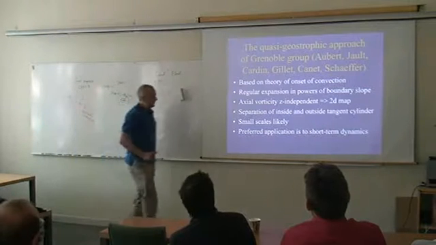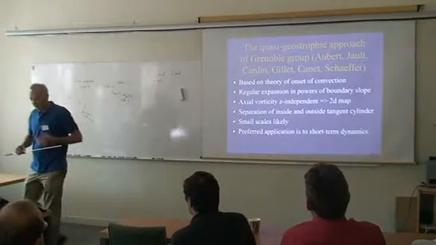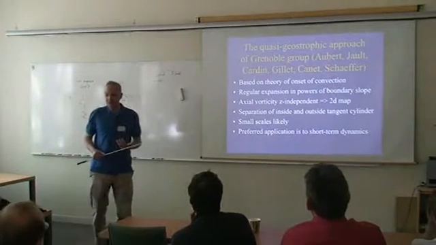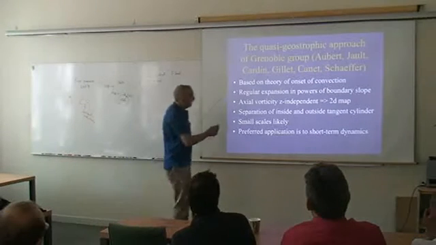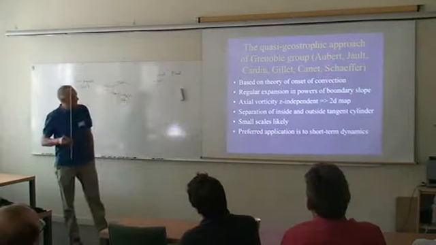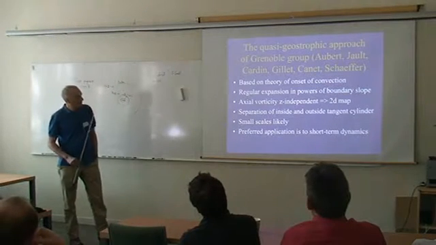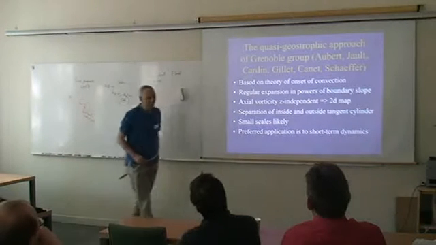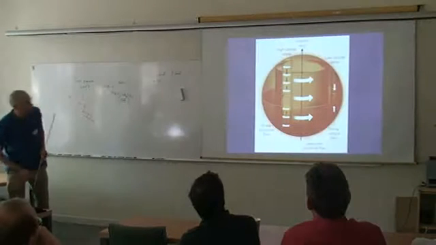There is also the fact that we have a magnetic field in the core. All these things can break quasi-geostrophy. A magnetic field could, in principle, break quasi-geostrophy. So the Grenoble group, nevertheless, have done a lot of both physical experiments and also some numerical experiments which make them believe that the QG approximation is a good one for the core, especially for short-term dynamics.